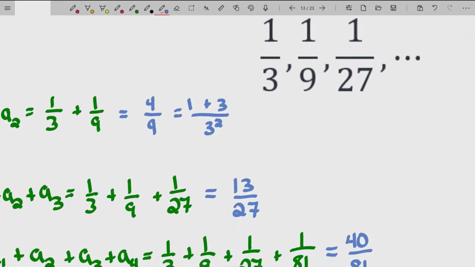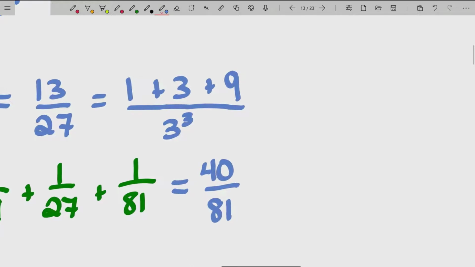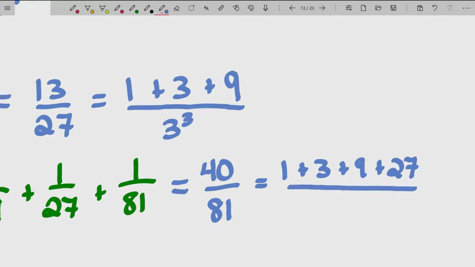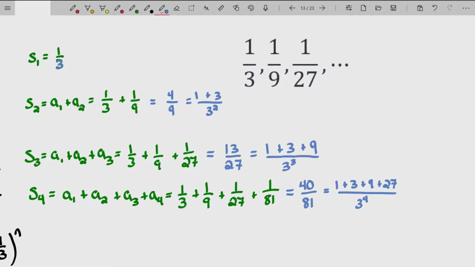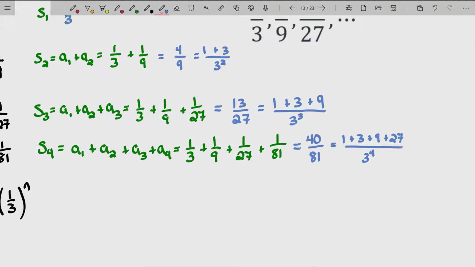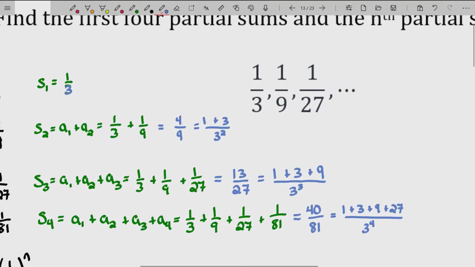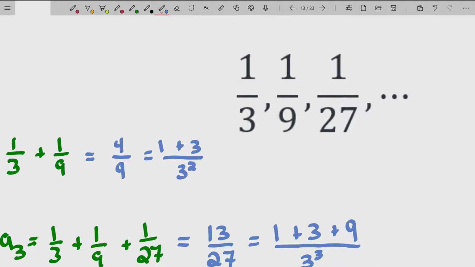And if you look at the next one, it's 1 plus 3 plus 9. And again, that's all over 3 cubed. And the next one is 1 plus 3 plus 9 plus 27. Again, all over 3 to the 4th. We'll zoom out here. Without summation notation, which I haven't introduced yet, this will be incredibly difficult for you to see, but I'm going to try to show you.